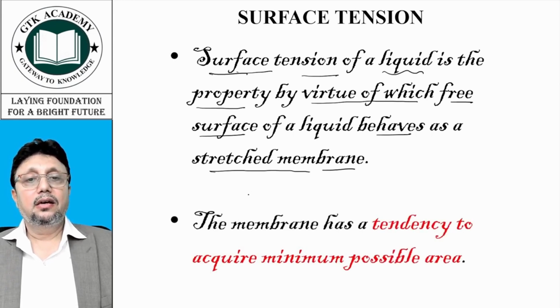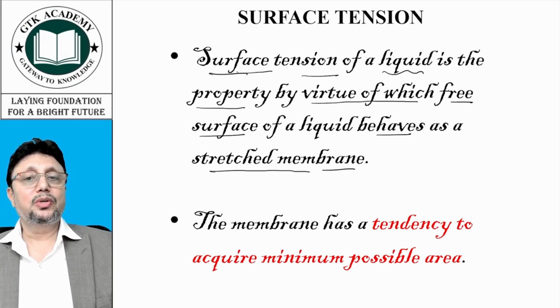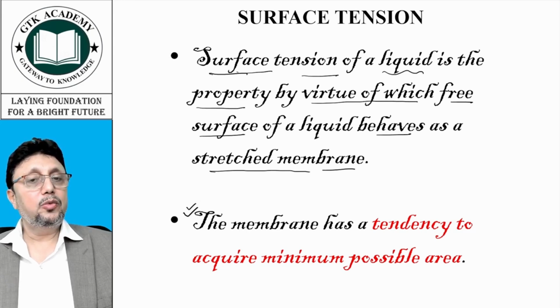And here it's worth noting that a membrane has a tendency to acquire minimum possible area, right? So please remember this property. And I'm going to just show you examples of this.